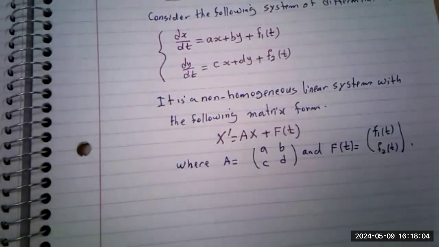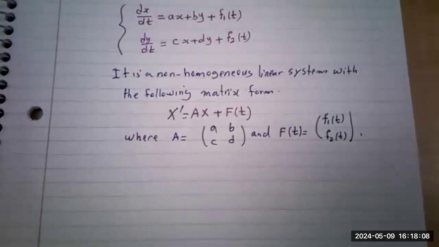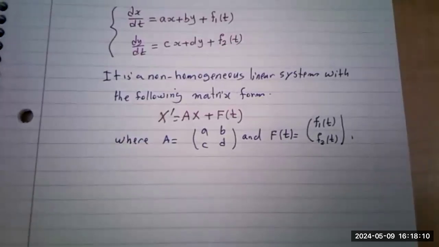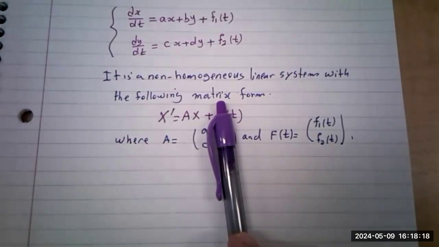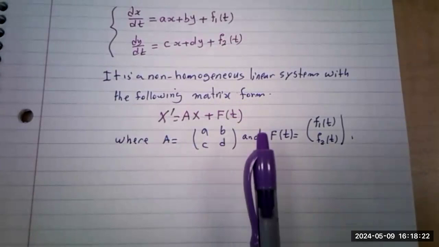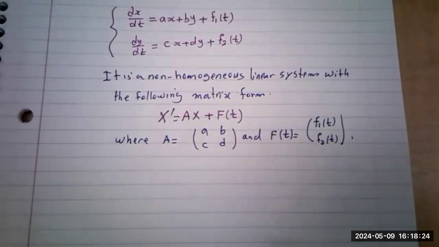So we change it quickly into the linear system that we're going to have. Now we want to solve it as usual. We consider the complementary, or associated, homogeneous system, x prime equals Ax. We solve it, we find the general solution, we call it xc. Then we are going to find a particular solution, we call it xp, and xc plus xp is going to be the solution of the equation.